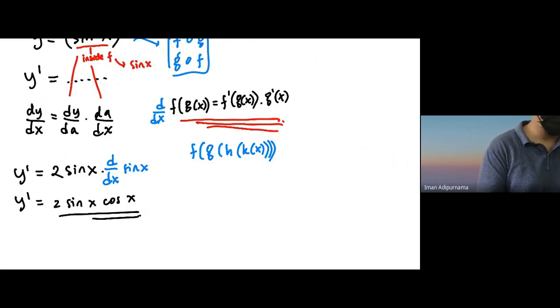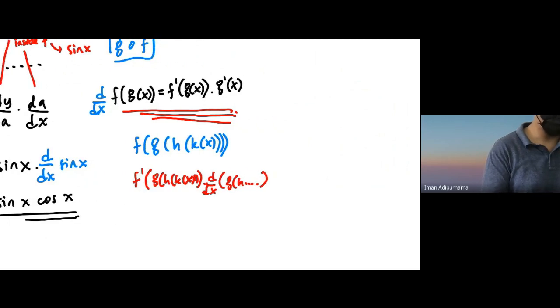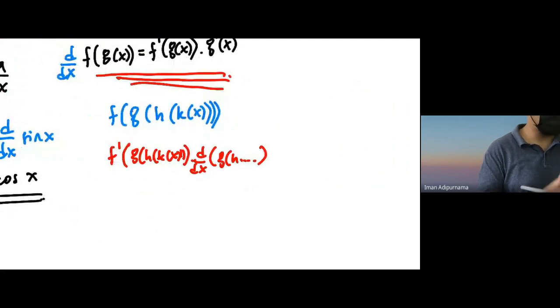For example, deal with the outside function, so you write f prime of g of k of x, and you need to deal with the inside function of g, and then this is like a nested problem.